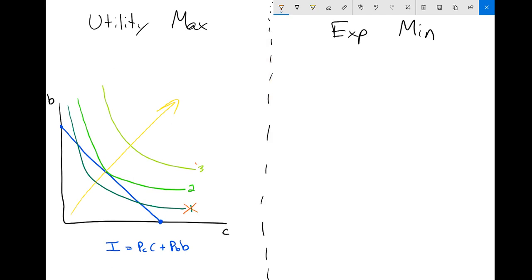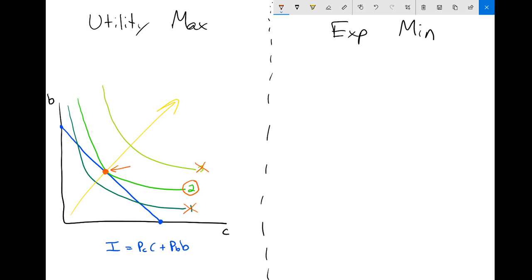They will not choose any bundle on indifference curve 3 because they can't afford it, because the budget line is fixed. So they will choose a bundle that lies on the utility function that is as far away from the origin as possible, yet still intersects with the budget line. Okay, so they're going to choose this bundle right here.